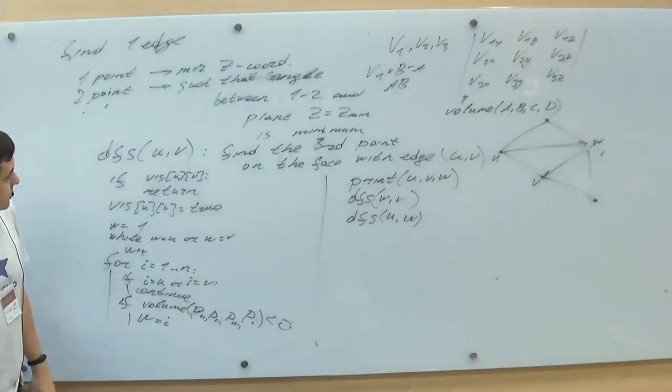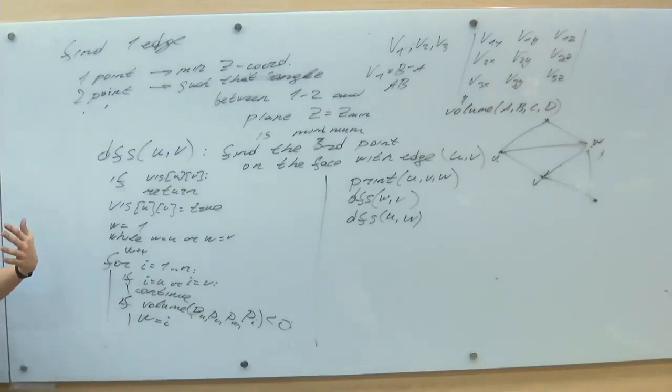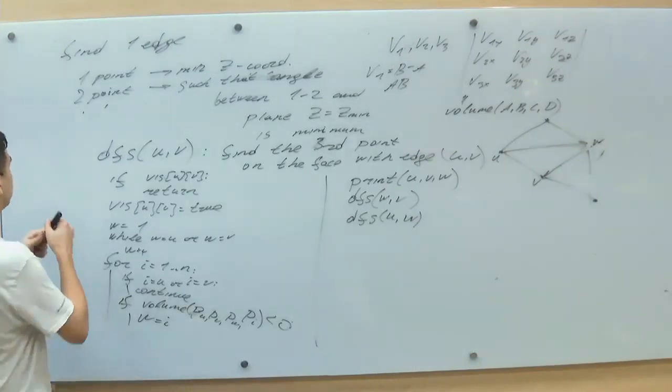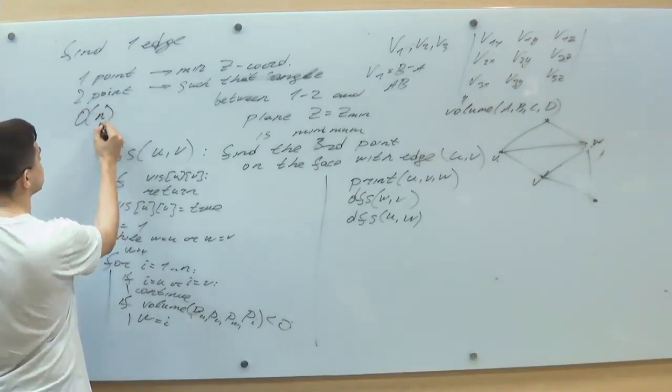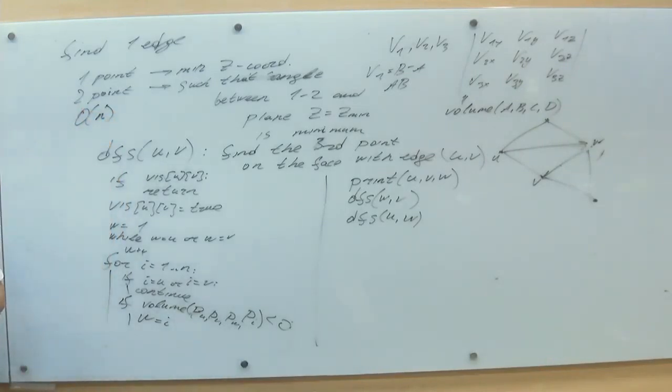Okay, so it works in n² time because the size of the convex hull is linear. We have some triples, we have some faces, we have some edges. The number of faces and the number of edges is linear due to Euler's formula for planar graphs, but not only for planar graphs, but also for 3D solids.